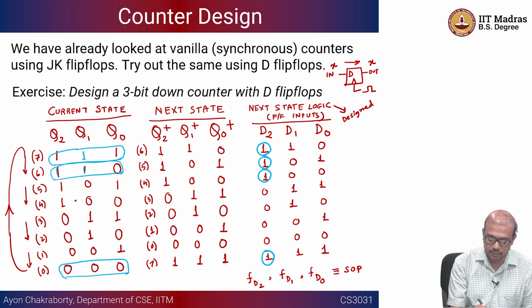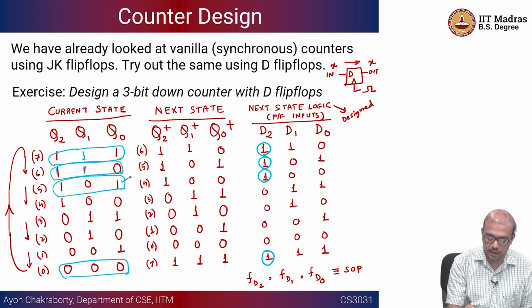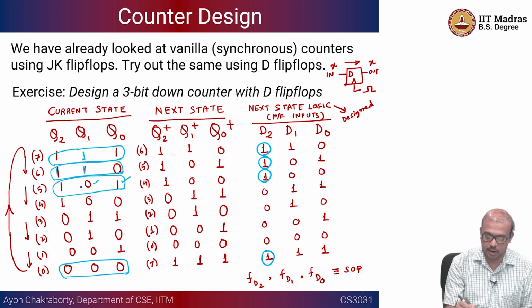Then the last one is Q1 Q2 should be 0 1 and Q0 should be 1. So 0 1 is here and this should be 1. So Q0 is 1, Q1 is 0 and Q2 is 1.